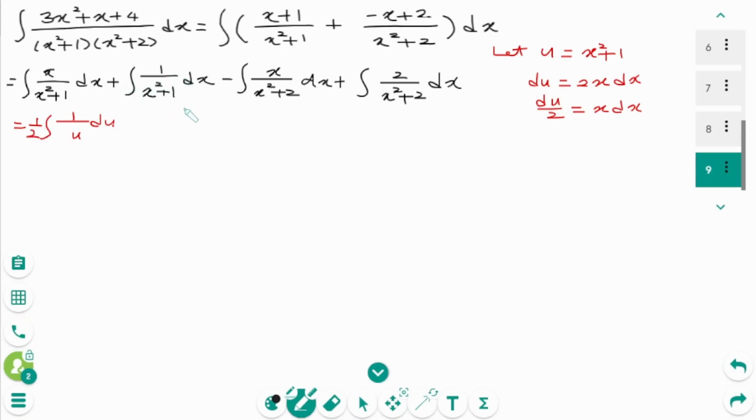And the second integral is the formula we already know, which is arctangent of x.